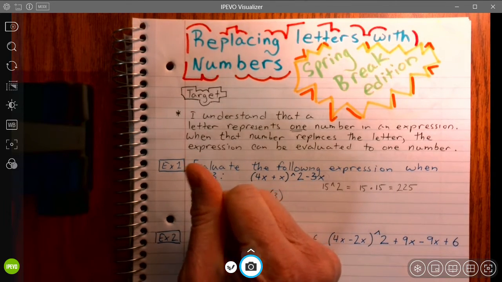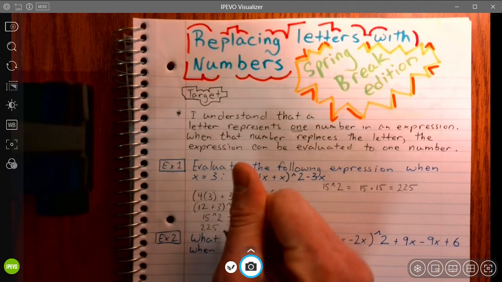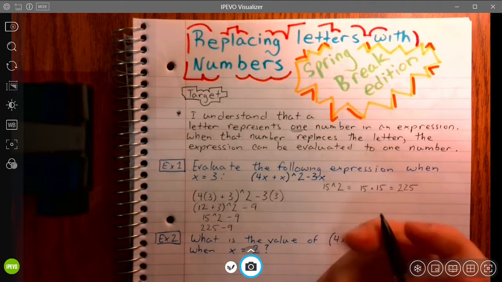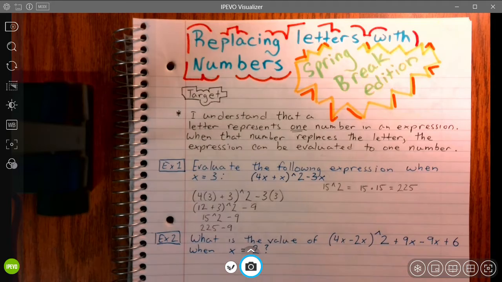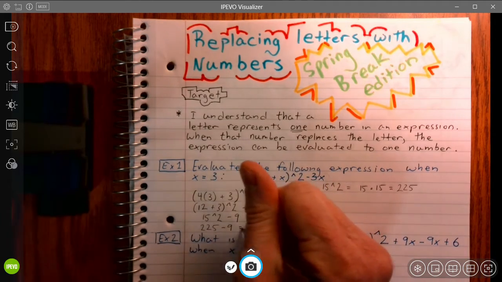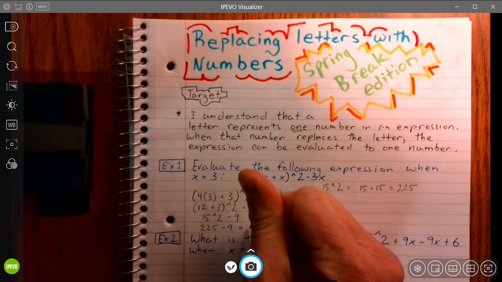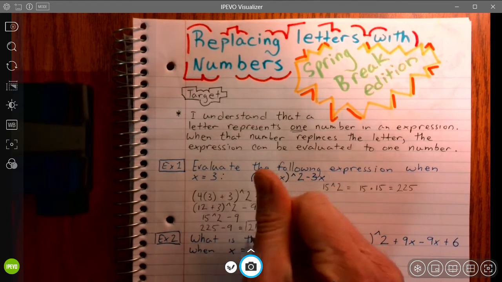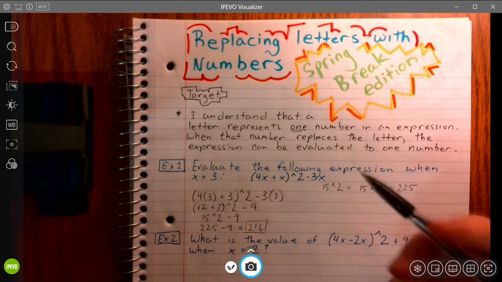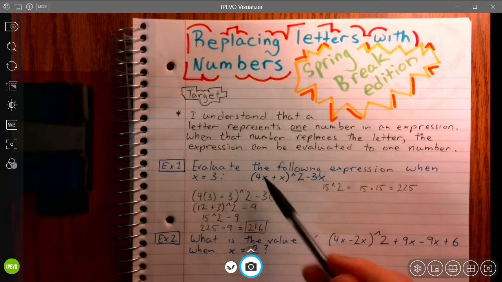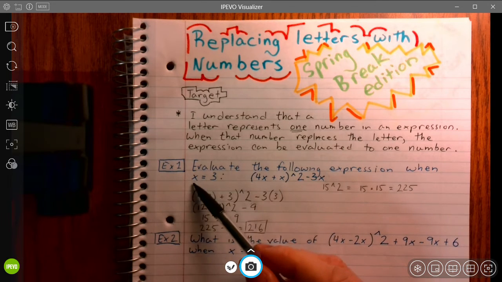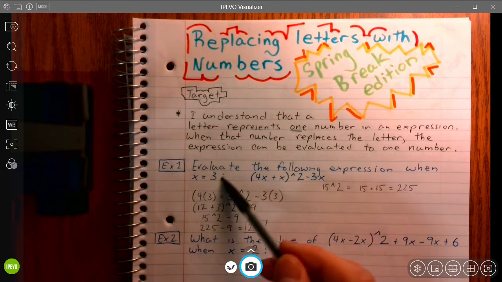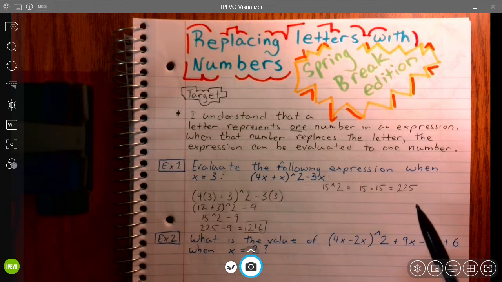So I have 225 minus 9, and 225 minus 9 is 216. Okay, remember my first step, everywhere I see an x, I'm going to replace it with 3 because in this question, x is equal to 3.